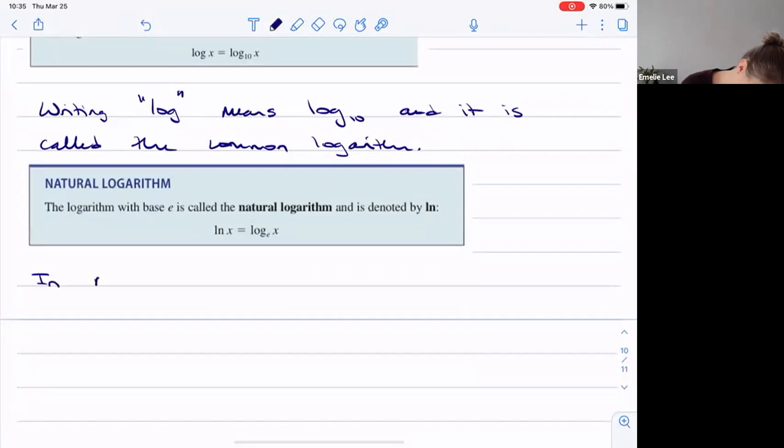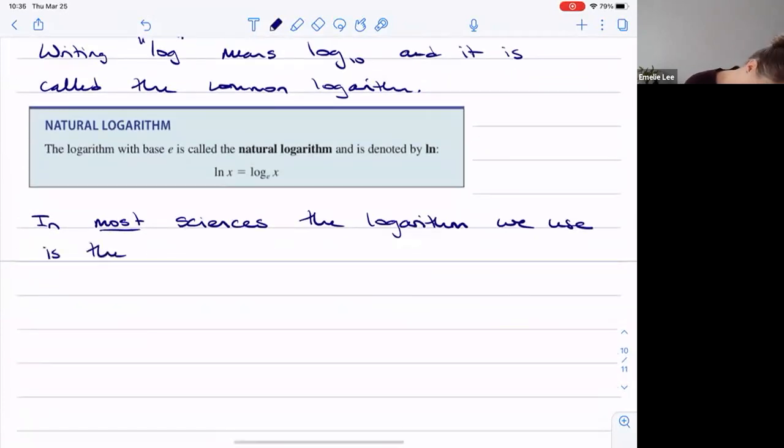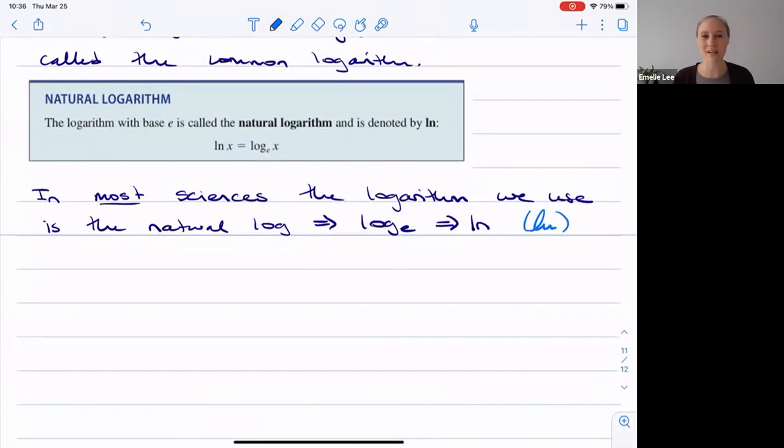So in most sciences, the logarithm we use is the natural log, which is log base e, which we write as ln, and I also write it as this script ln, and that I cannot get away from.